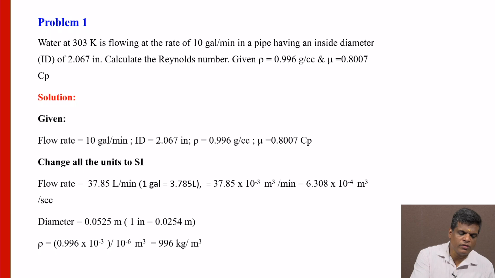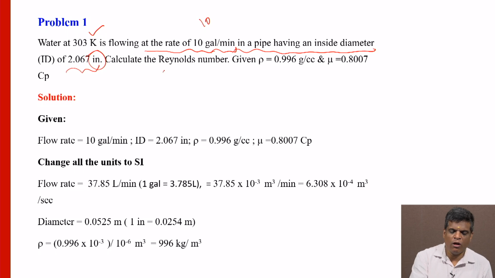Another example: water at 300 Kelvin flowing at a rate of 10, in a pipe having an inside diameter of 2.067 inch. This is a different unit; normally we use SI units, but of course we should know how to convert also. Calculate the Reynolds number.